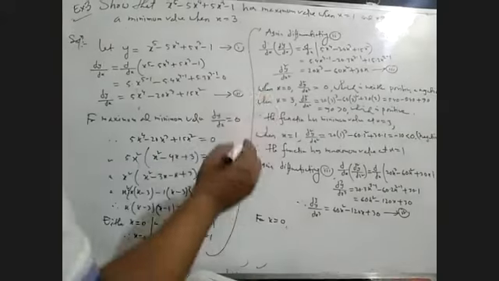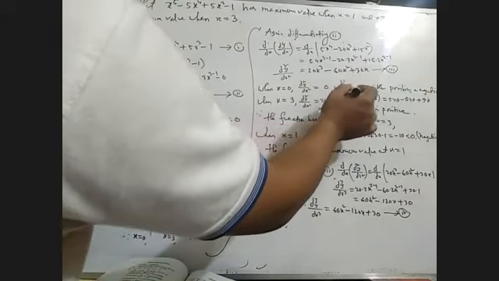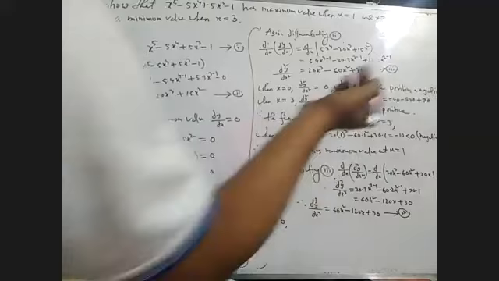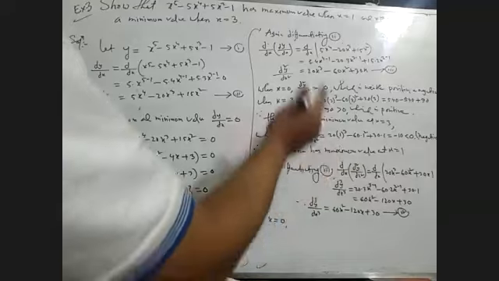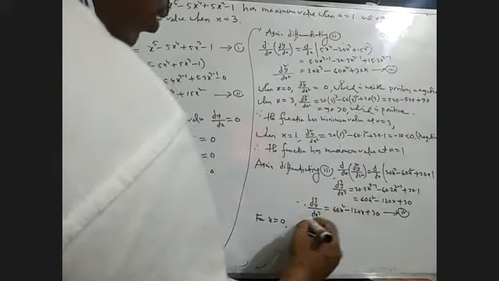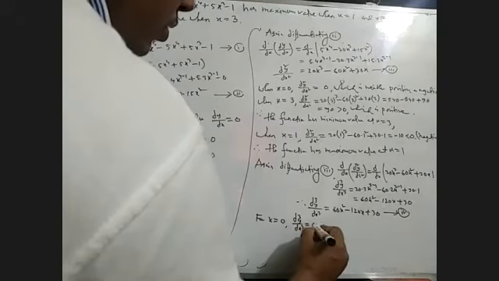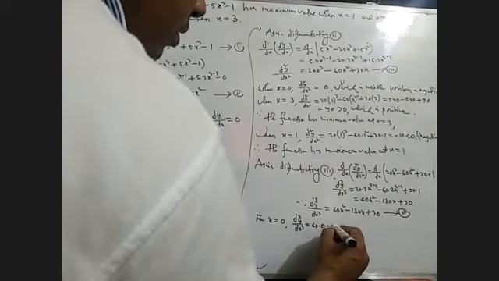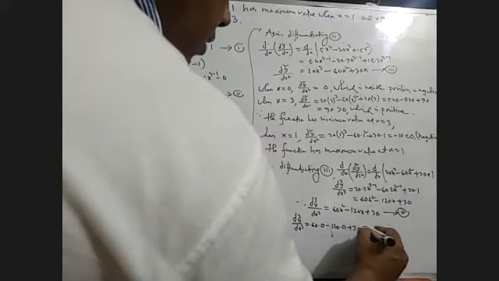So for x equals 0, because from equation number 3 the value is neither positive nor negative, this is why we are testing third order derivatives. For x equals 0, we get d cube y by dx cube equals 60 into 0 minus 120 into 0 plus 30, which equals 30, which is positive.